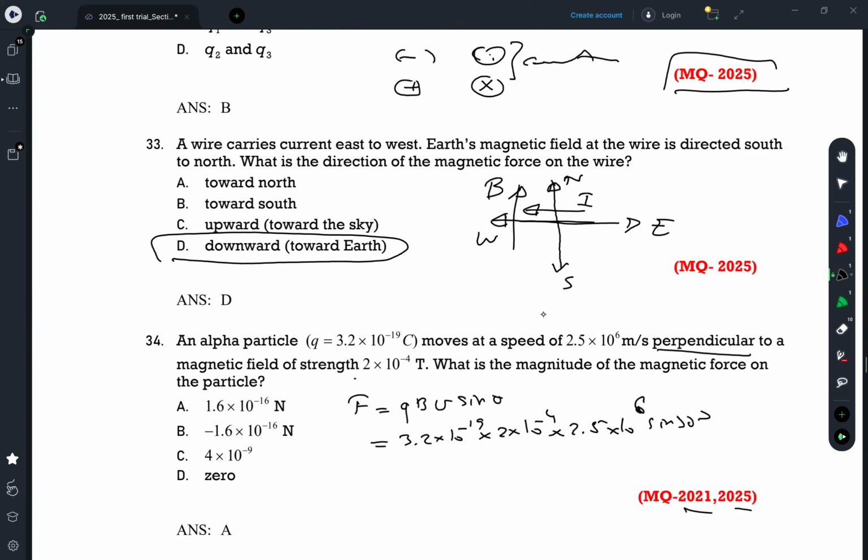Multiplying these, the answer is 1.6 times 10 to the power negative 16. So it's going to be 8.